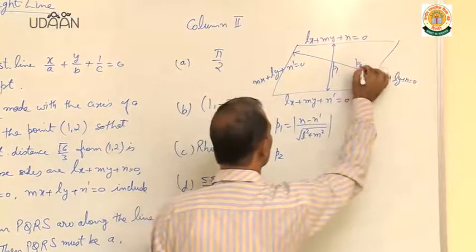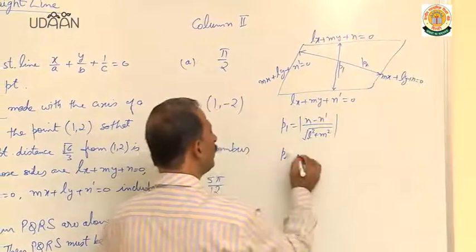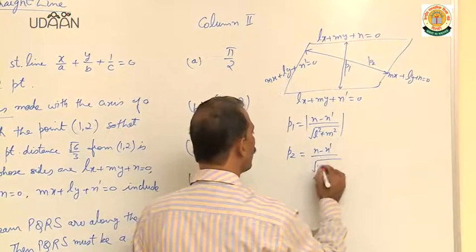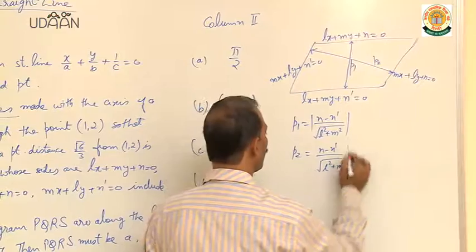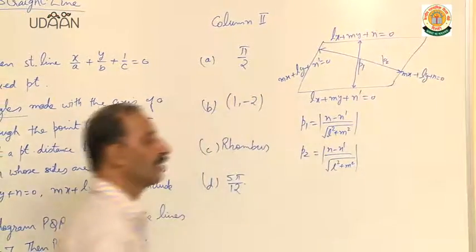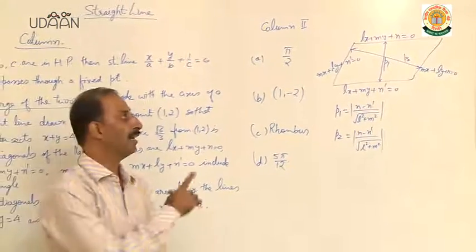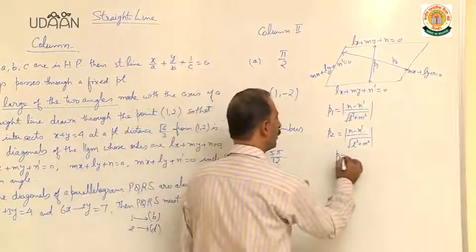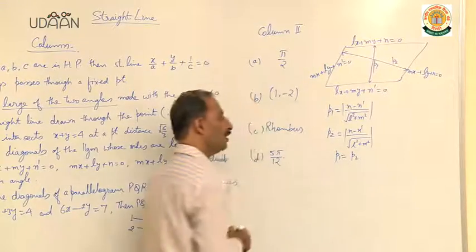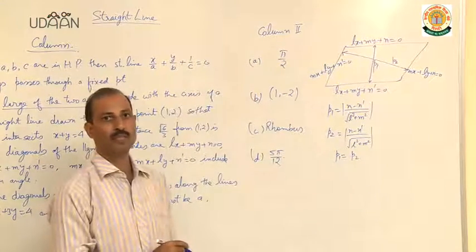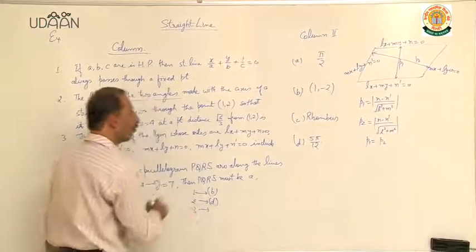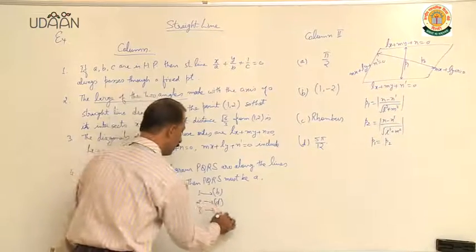It becomes again n minus n dash upon root L square plus M square. So you can see the distance between the two parallel lines, both are the same. It means it will form a rhombus. So the option of the third part is rhombus, that is C option.